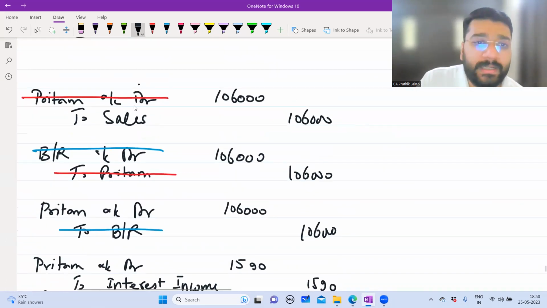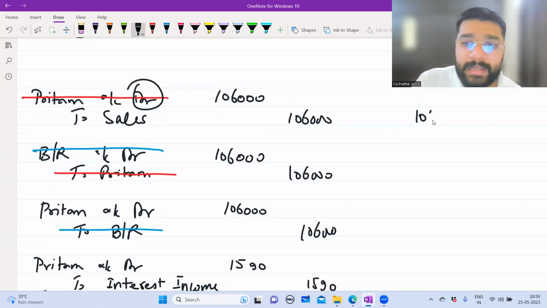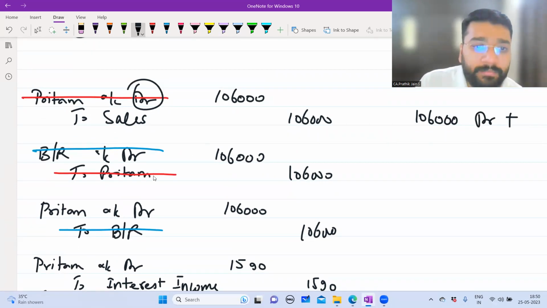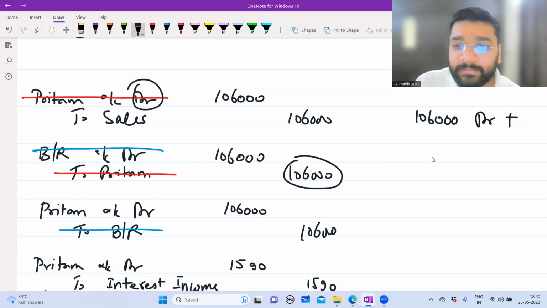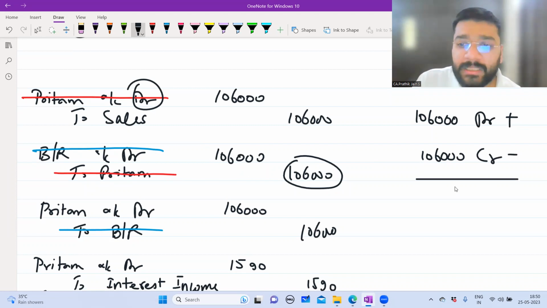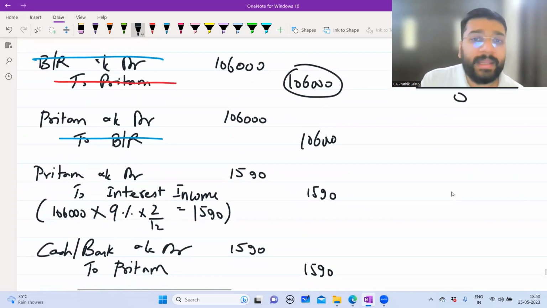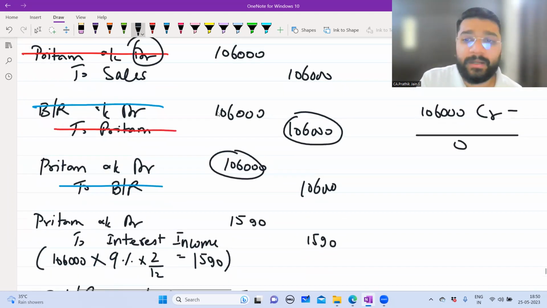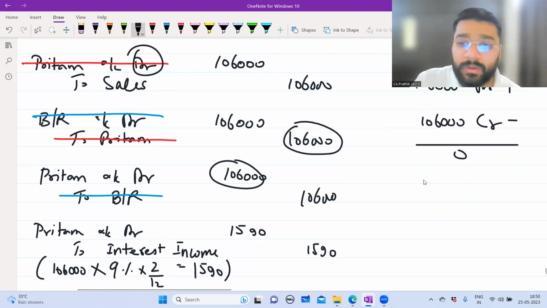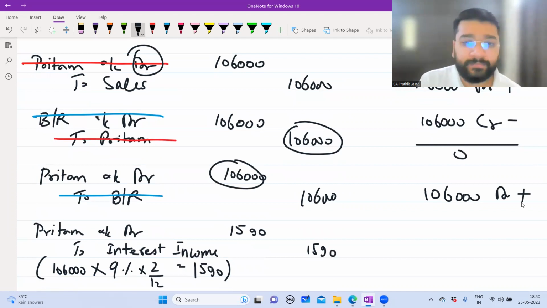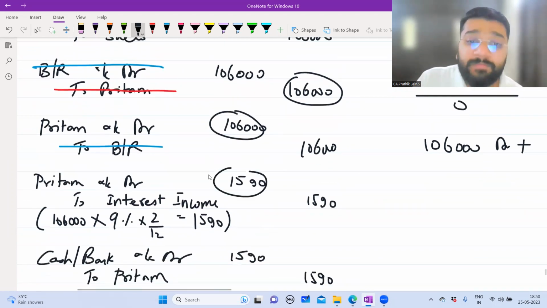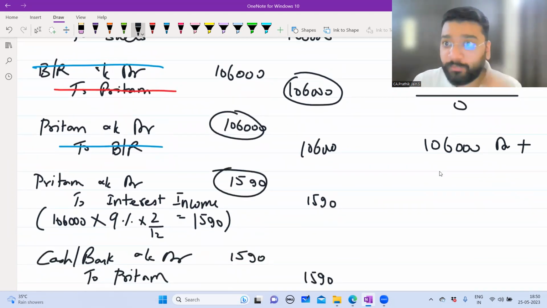So let's understand this one point. Preetham was debited 1,06,000 here. Then Preetham was credited 1,06,000, so the balance became 0. Then again you recreated Preetham by debiting 1,06,000. Then you debited a further 1,590 because he has to pay us interest.